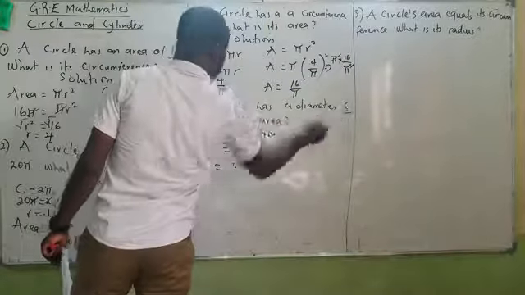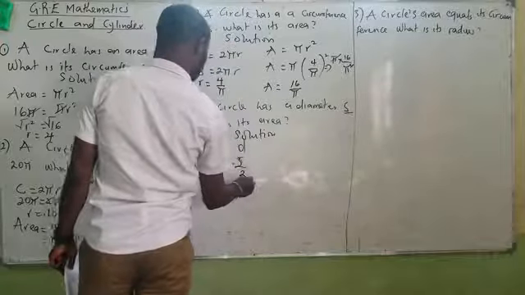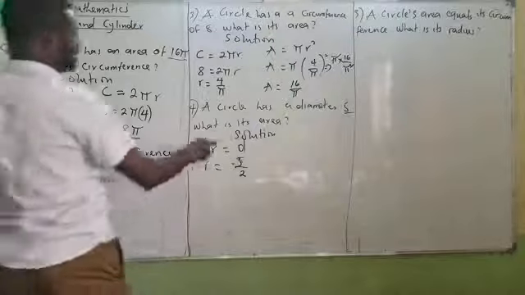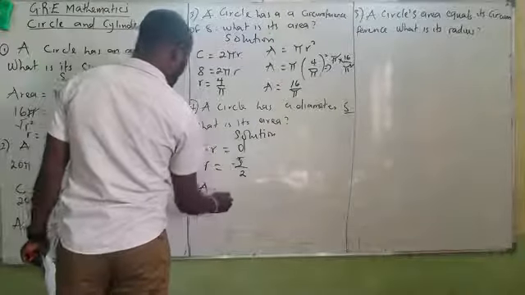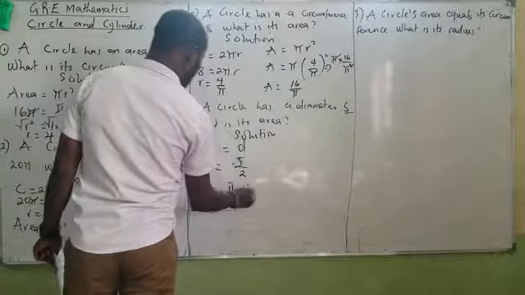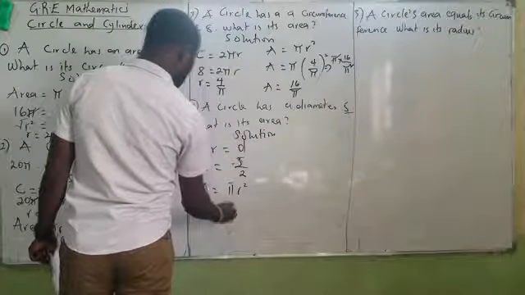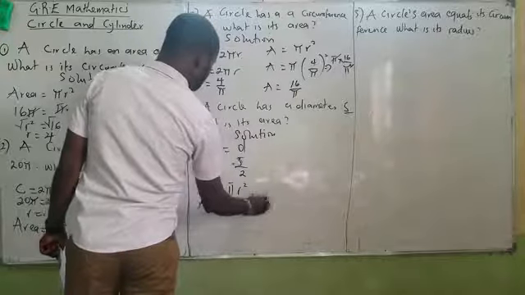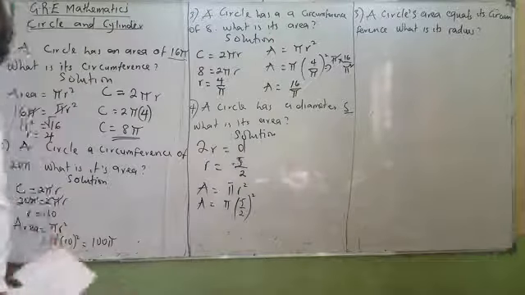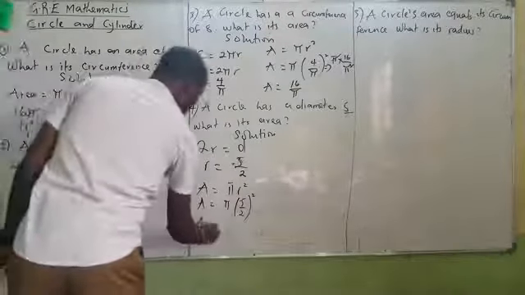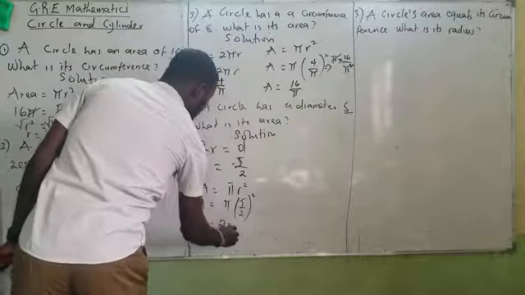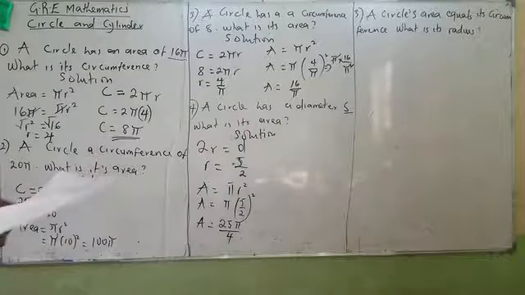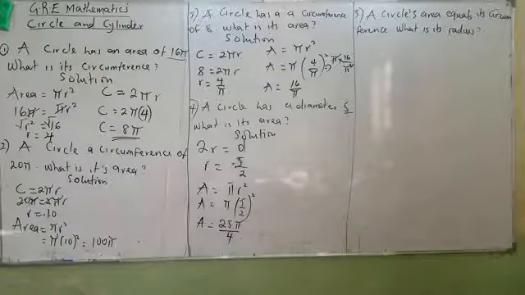My diameter is 5, so r equals 5 over 2. Now, what is its area? My area equals pi r squared, which is pi times 5 over 2 squared. My area will be 25 pi over 4. That is my answer: 25 pi over 4.